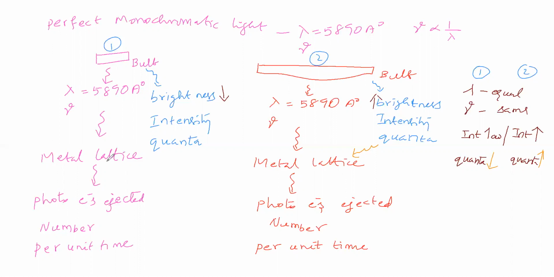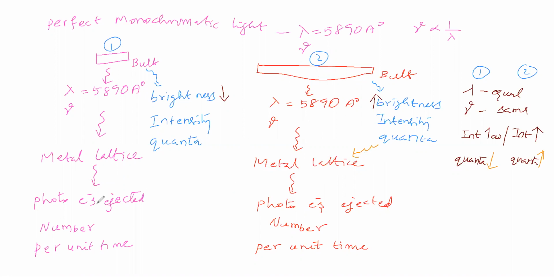Assume that each metal atom absorbs one quantum. The metal atom which absorbs a quantum releases its free electron as a photoelectron. In the same way, from the other bulb radiation comes and is exposed to the metal lattice, each metal atom absorbing one quantum, and the free electron which absorbed the quantum comes out as a photoelectron.